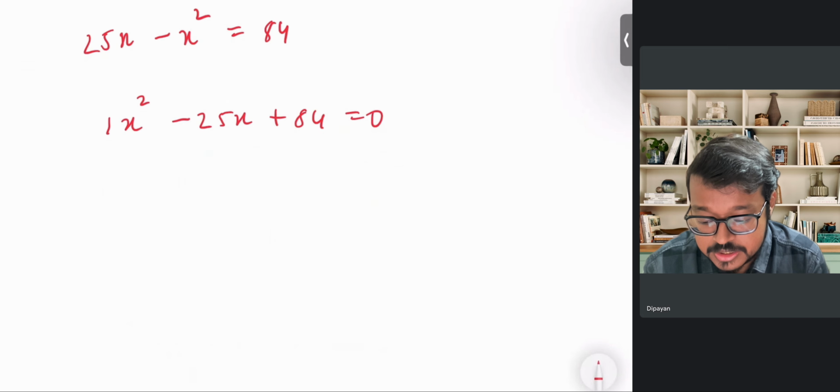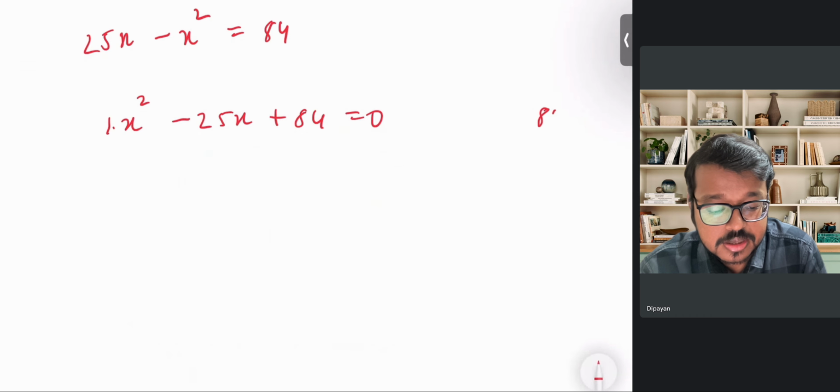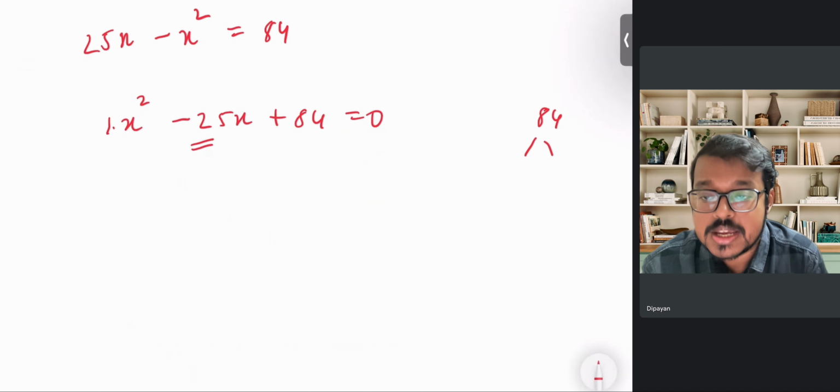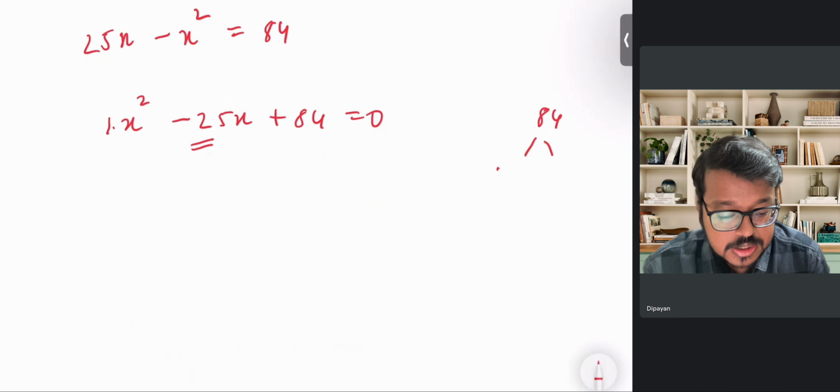We have 1 into x square and the constant is 84. So we are looking at product of two numbers as 84, and the sum of the two numbers I want is minus 25. So if I split 84, 84 can be split as 42 into 2, and 42 is 21 into 2.